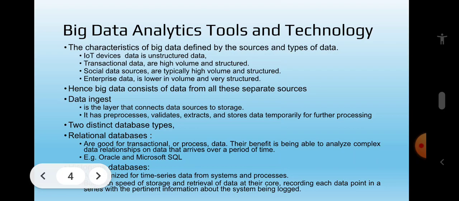Basically, when we talk about databases, there are two types of databases. The first is relational databases, which are basically the transactional databases.